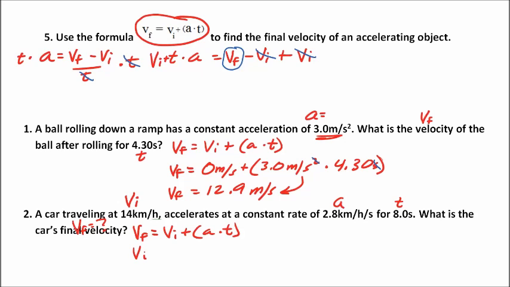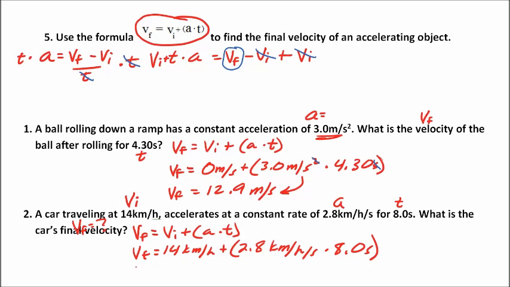V sub F is equal to the initial velocity, which is 14 kilometers per hour, plus the acceleration, and the acceleration is 2.8 kilometers per hour per second, and we're going to multiply that by the time, which is 8.0 seconds.